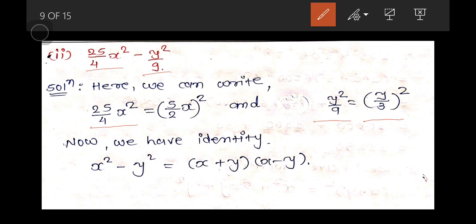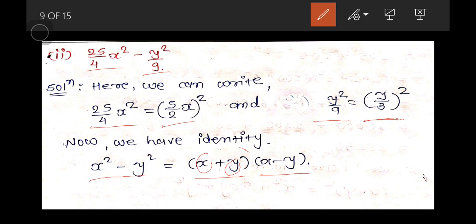So now we have the identity, as we know that x² minus y² is equal to (x plus y)(x minus y). So here x is 5/2 x and y is y/3.